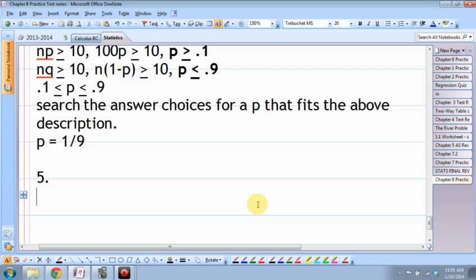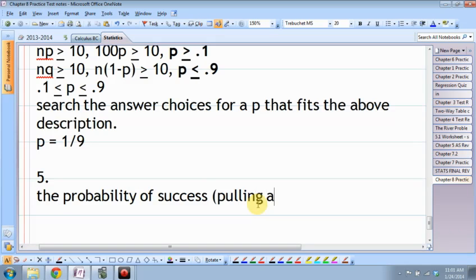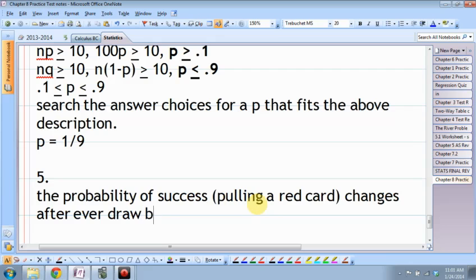Well, I think the first thing we need to say is it's not binomial. The probability of success, which in this case means pulling a red card, changes after every draw, because the cards are not being replaced.